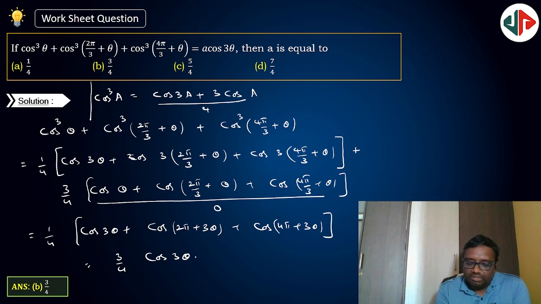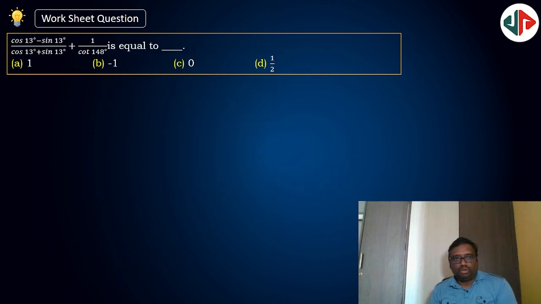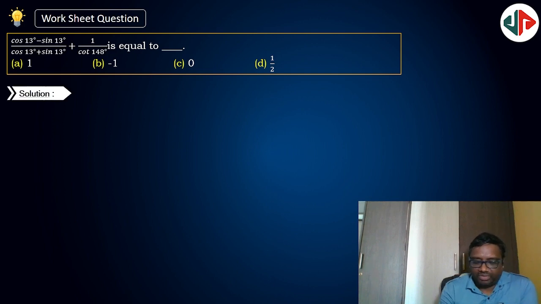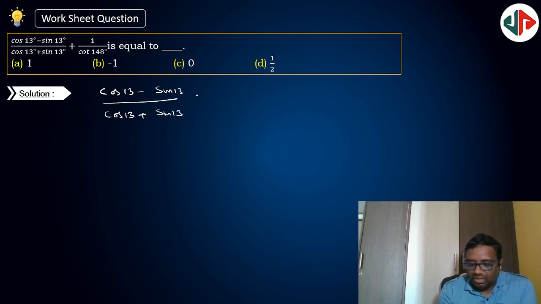Remember this formula, then it will be very, very easy. So cos 13 minus sin 13 by cos 13 plus sin 13 plus 1 by cot of 148 degrees. This is nothing but cos 13 minus sin 13 by cos 13 plus sin 13. This value we can write as 1 by cot of (180 minus 32).